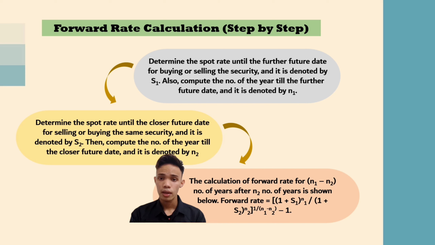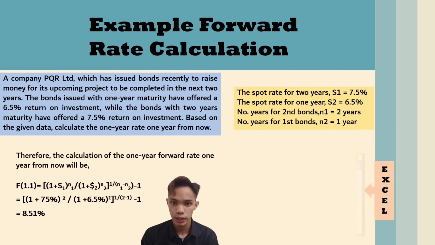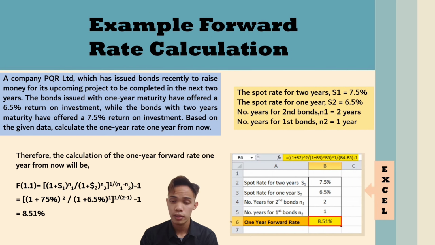And lastly, do the calculation of the forward rate for N1 minus N2, the number of years after N2. Then we can apply the formula to this question. A company, PQR Ltd, has issued bonds recently to raise money for its upcoming project to be completed in the next 2 years.